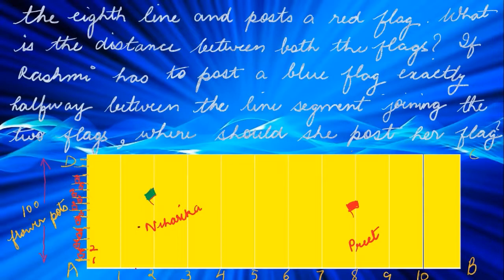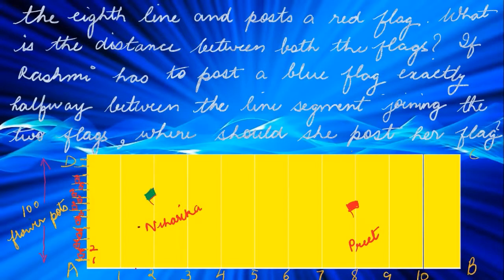If Rashmi has to post a blue flag exactly halfway between the line segment joining the two flags, where should she post her flag? We want to know where she will be posting the blue flag.